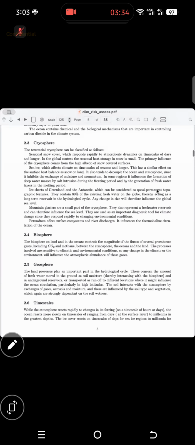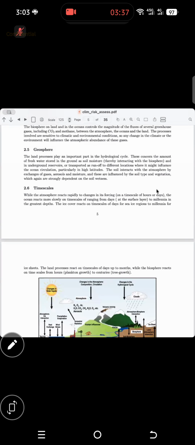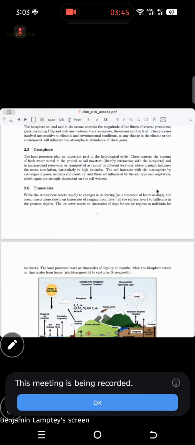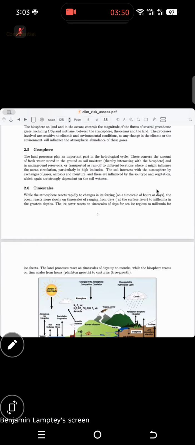The processes in the atmosphere are faster than the processes in the ocean. And there's a reason for that. You are not meteorologists, but we can look at the physics behind why that is happening. But that's not the focus of this course.